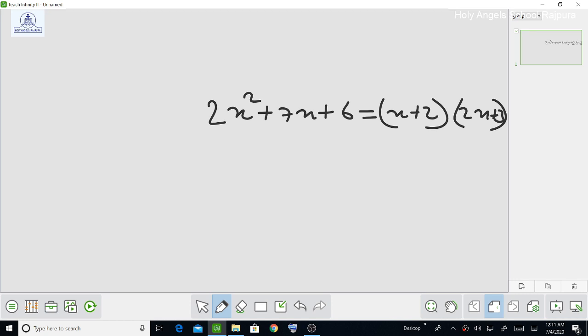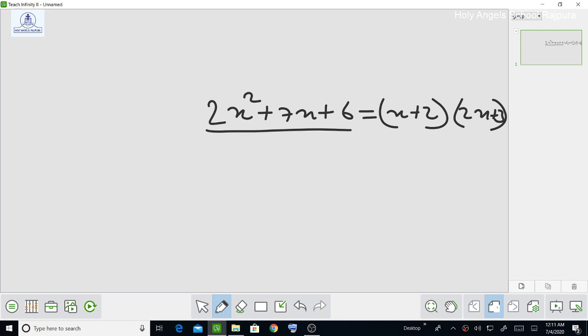Like in the beginning, I said 15 can be expressed as 3 into 5. Here this polynomial 2x square plus 7x plus 6 can be expressed as the product of two terms. That is, x plus 2 is one factor and 2x plus 3 is another factor.